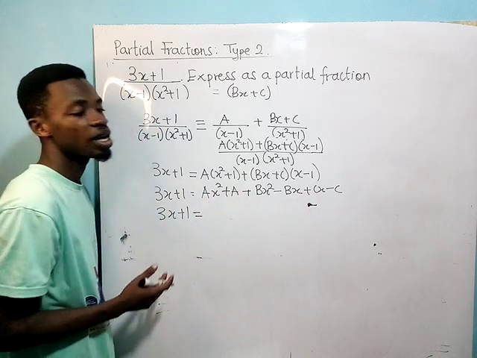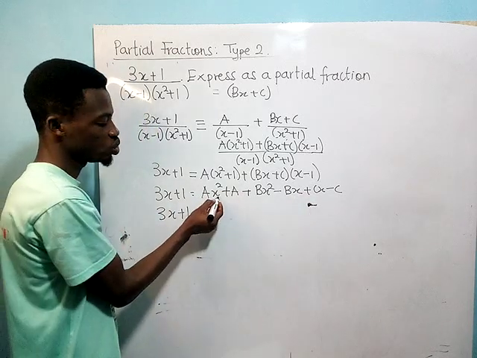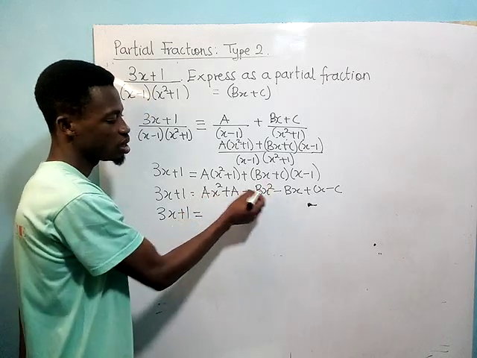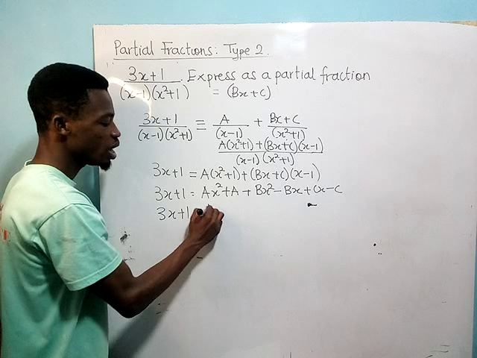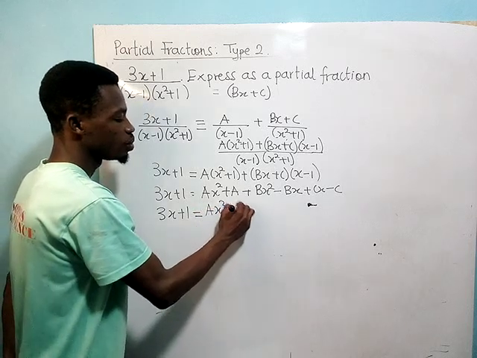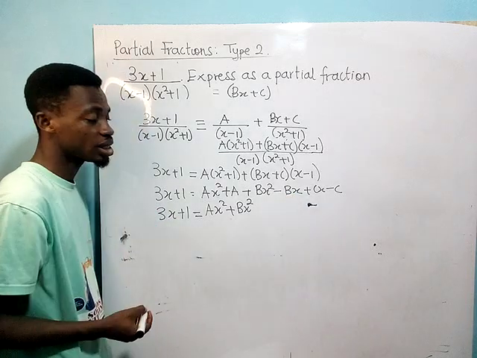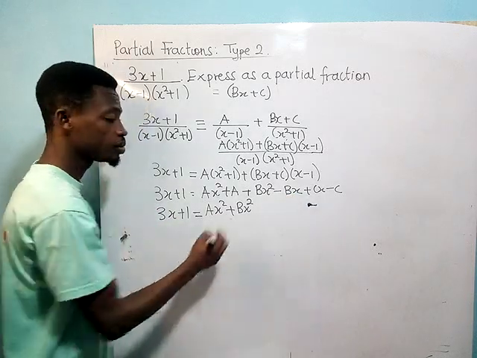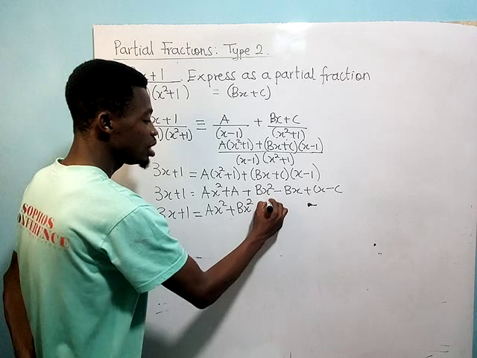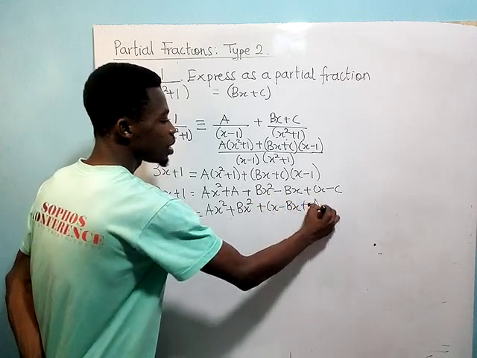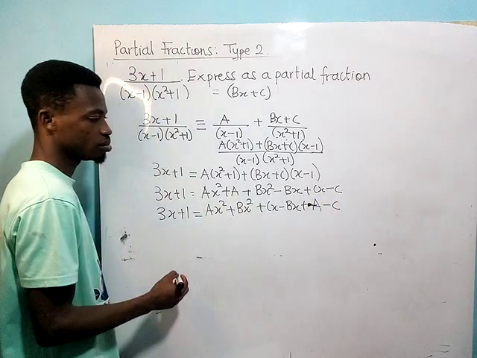Let us factorize them according to the x. Here we have x² and x², so we put them together: Ax² plus bx². Then we go to the ones with just x having an exponent of 1. We have plus cx minus bx, then plus A minus c.